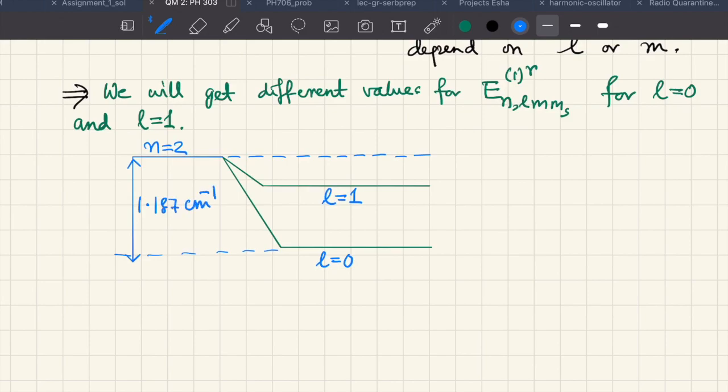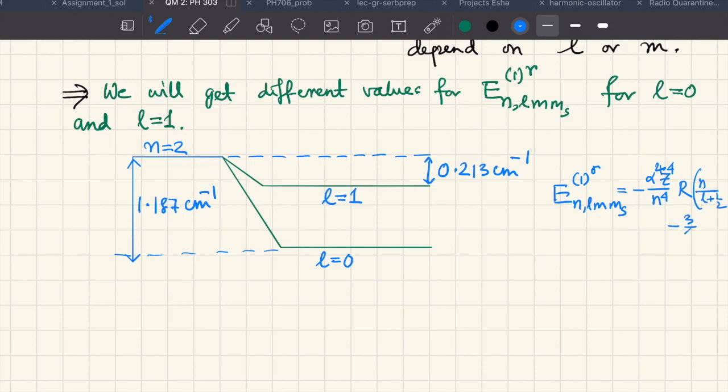This is in terms of the Rydberg, and this is comparatively smaller. This is 0.213 centimeter inverse. So let me remind you that these E1 are n, l, m and ms. This can be written as minus alpha square divided by n^4, Z^4 alpha^4 into R into n by l plus half minus 3 by 4.